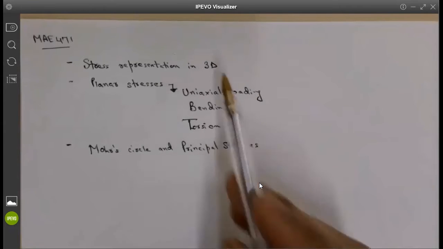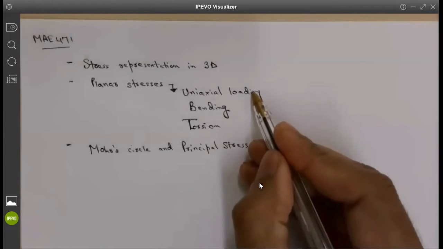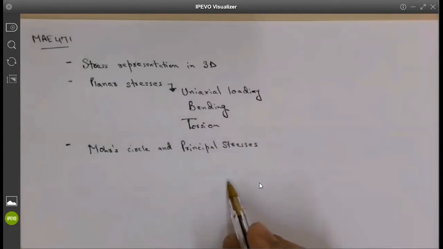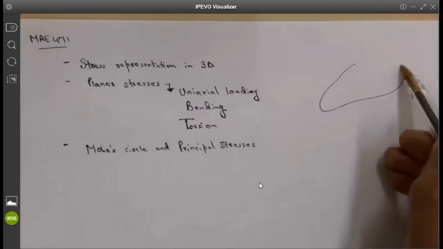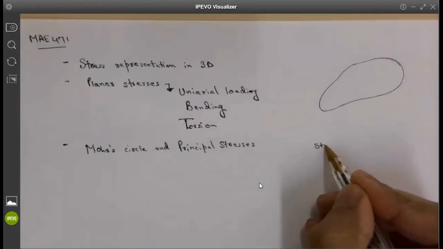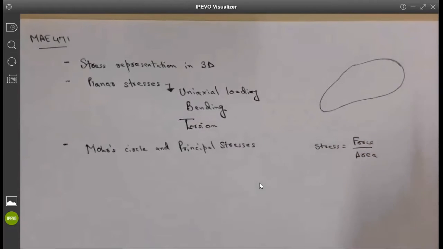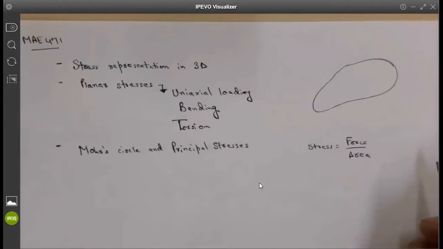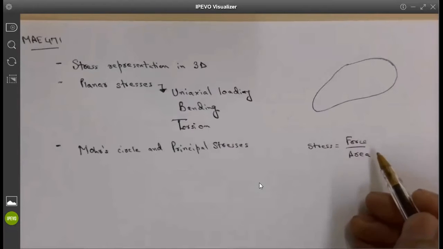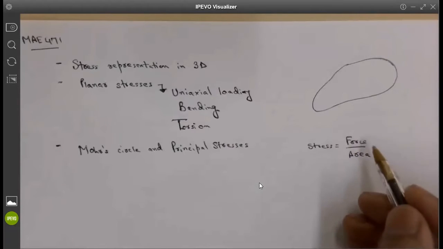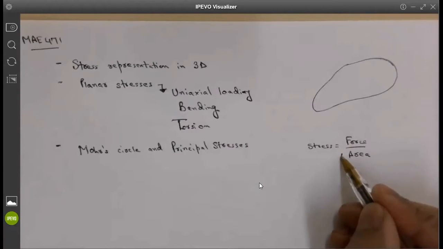But before we actually look at this, can I ask you guys, what do you mean by stresses generally? Force applied over area. Okay, so stress is force divided by area. This definition has something missing, and the missing part is that the area that we are considering is basically an infinitesimal area.